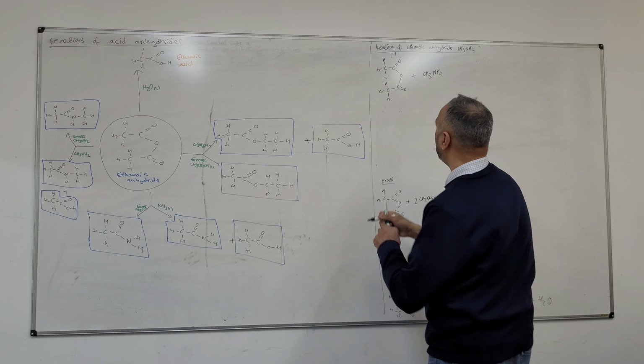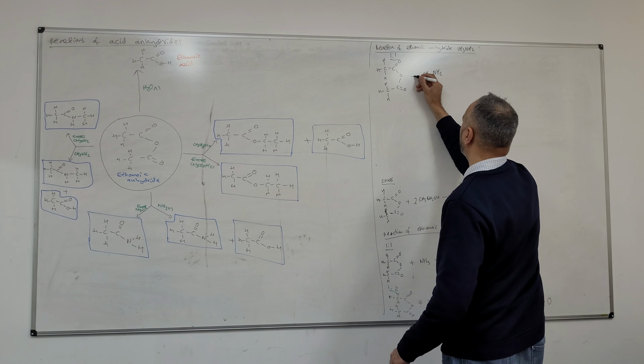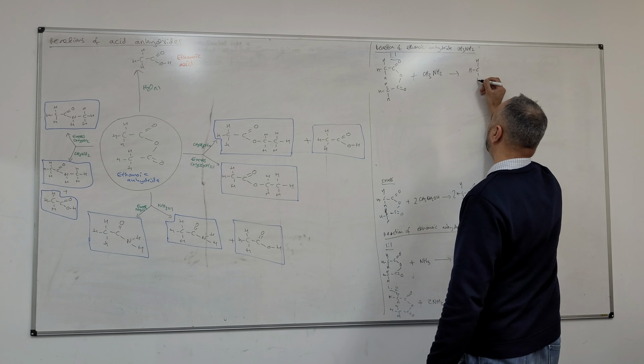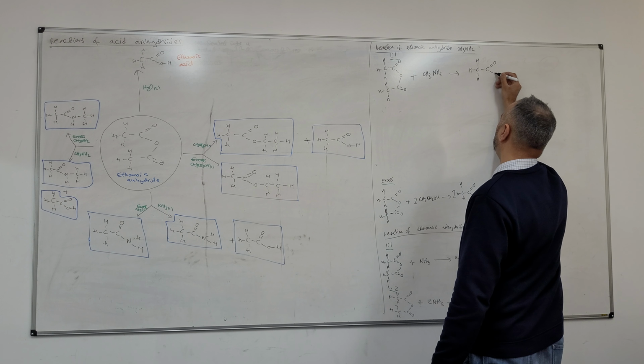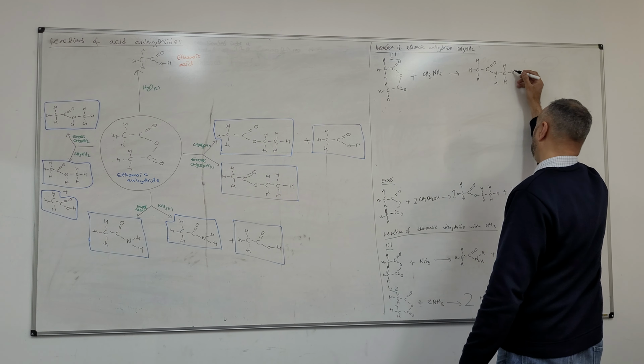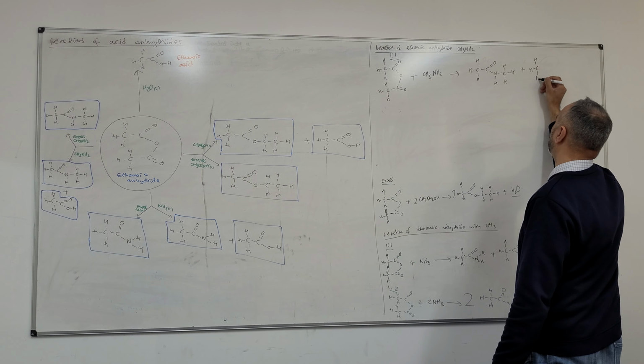Just put that in green. And you will form 1 mole of the N-substituted amide, which is N-methyl ethanamide plus 1 molecule of ethanoic acid.